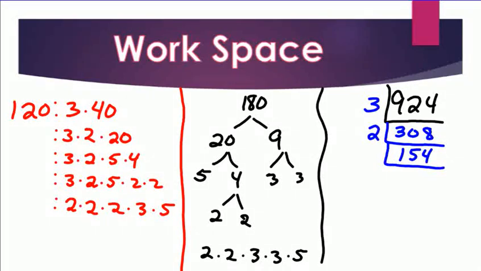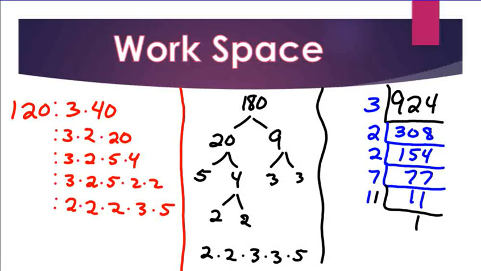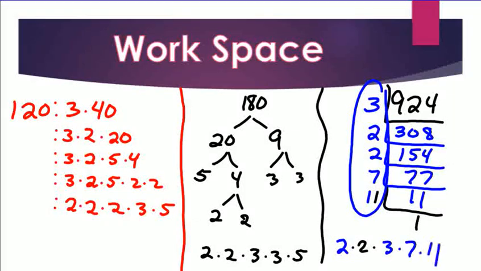And then we could divide 154 by 2 again, and then you get 77. You divide that by 7 and you get 11. Divide that by 11 and you get 1. And our goal is always to end up with 1 there. All of our numbers on the side here will be our prime numbers. So we got 2 times 2 times 3 times 7 times 11.